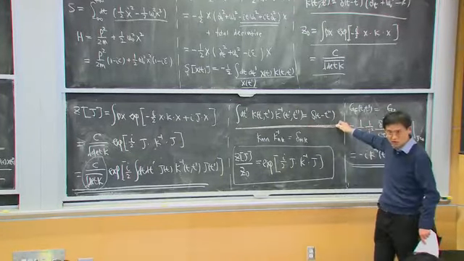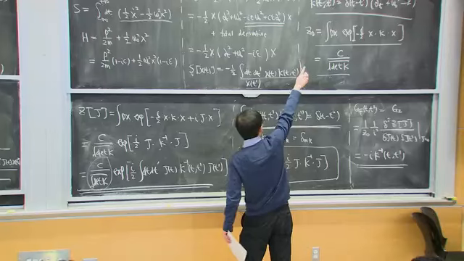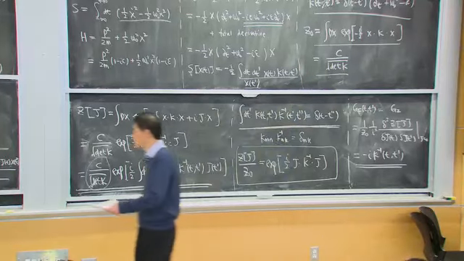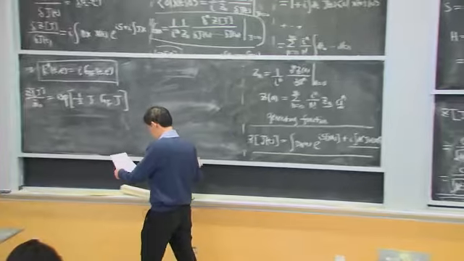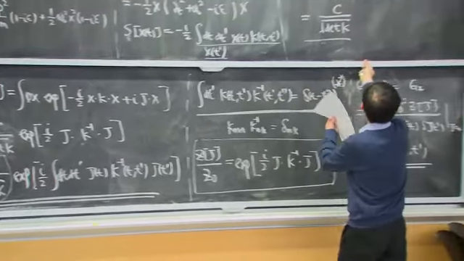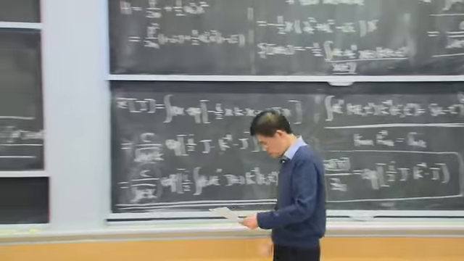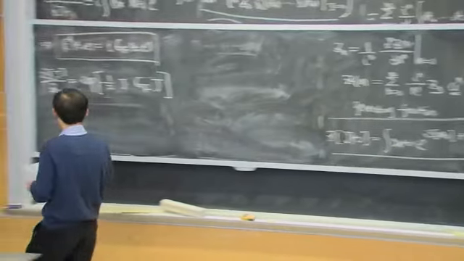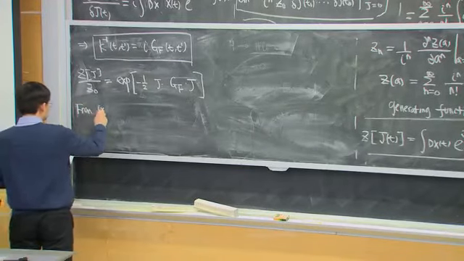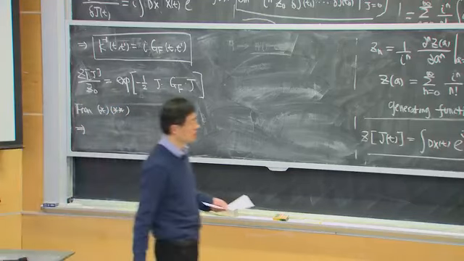If you plug in, let me call this equation star and this equation star star. From equations star and star star, we find that K minus 1 should satisfy the following equation.